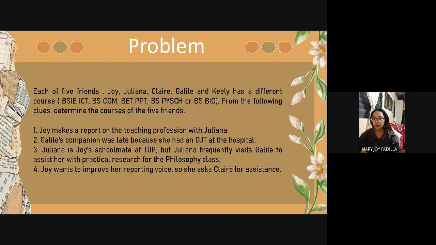So, ang ating next problem is, each of 5 friends, Joy, Juliana, Claire, Galilee, and Kilay has a different course. Ang course natin ay BSIE ICT, BSCom, BETPPT, BS Psych, or BS Bio.